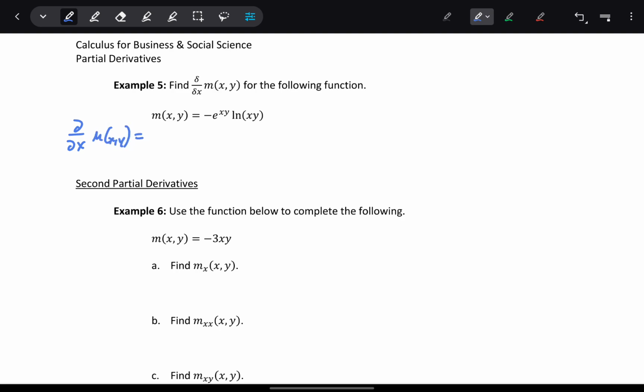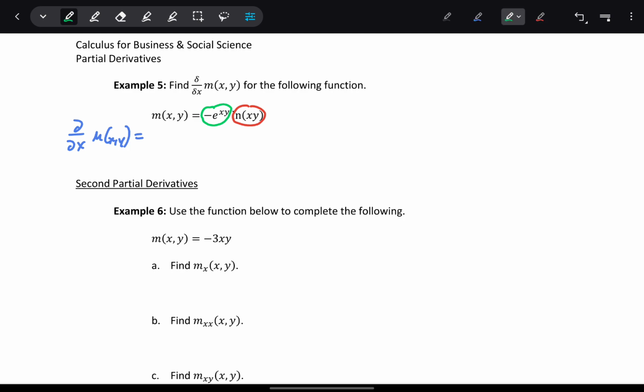In example 5, we'll find the partial derivative with respect to x of this function. And here we have an application of the product rule, since we have a function negative e^(xy) times the natural log of xy.